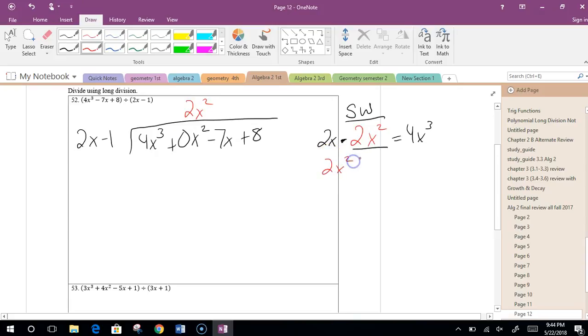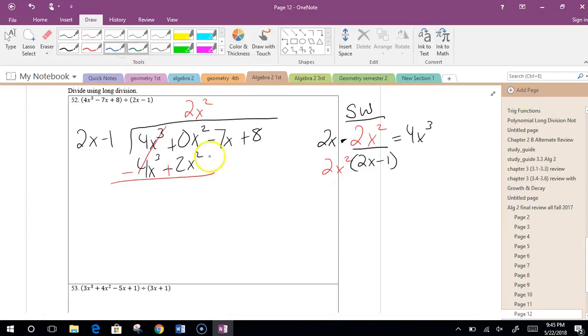Now we're going to take that 2x squared and re-multiply it by our divisor of 2x minus 1. So if I distribute that, I would end up with 4x to the third minus 2x squared. Draw your line, change your signs. First term should cancel. Second one turns into 2x squared.